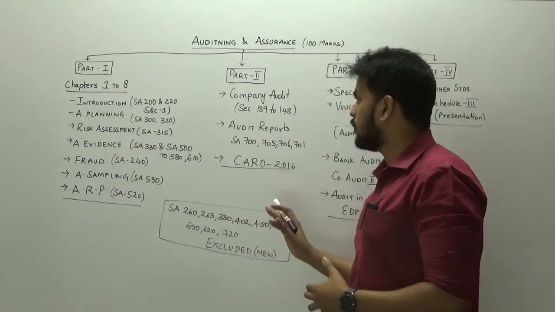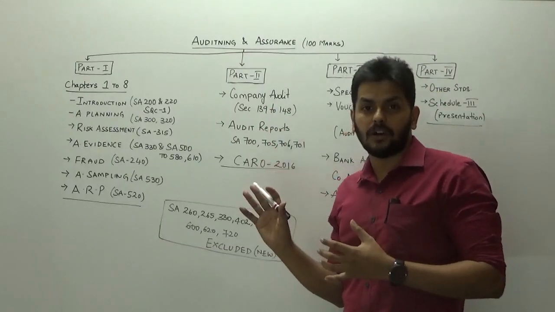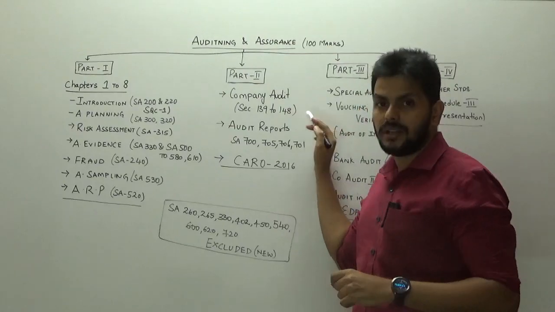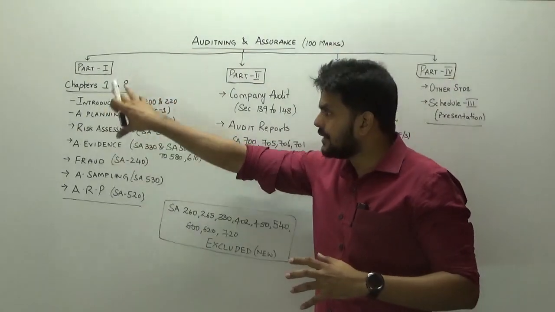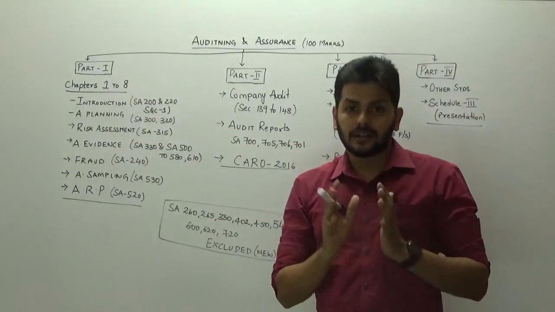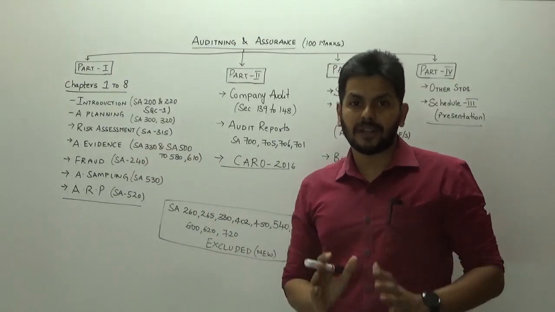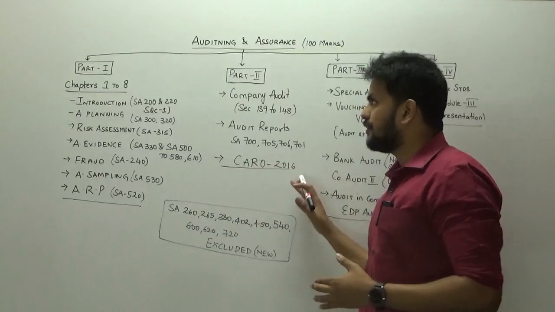Because the second part, which predominantly consists of company audit, the questions will lie between sections 139 to 148. So predominantly, if you're covering part 1 with great comfort, you have almost secured yourself your first 35 to 40 mark slot. Then I want you to move to part 2.